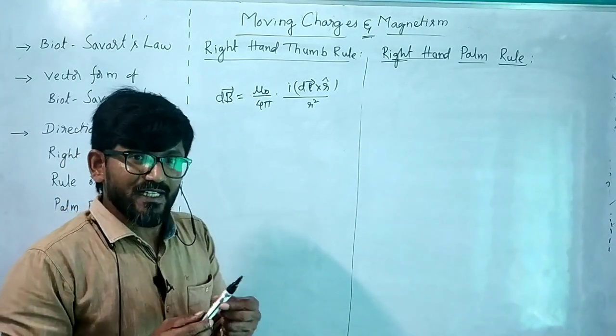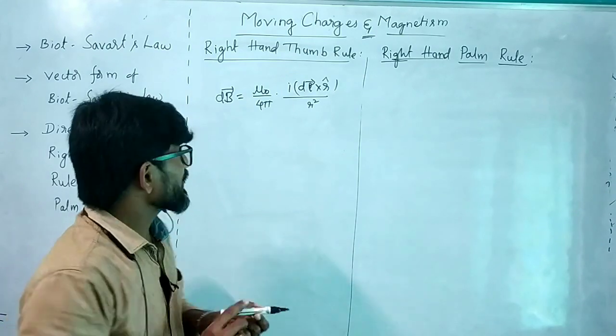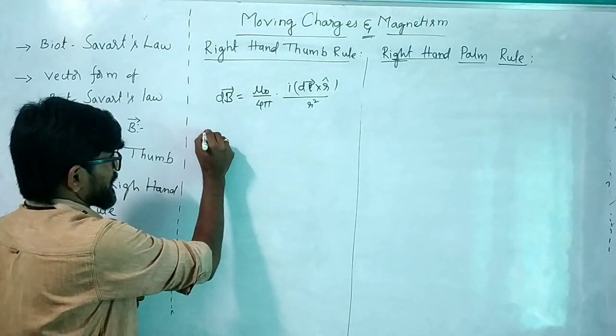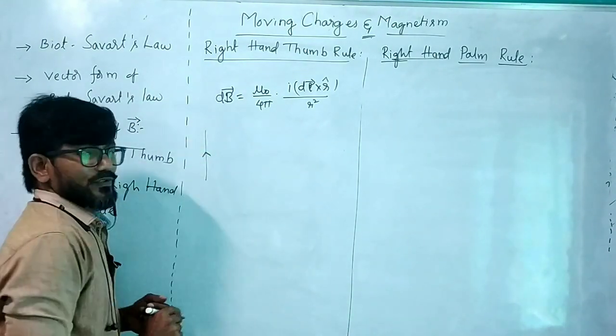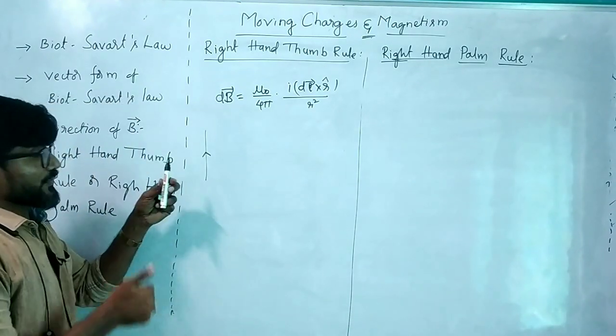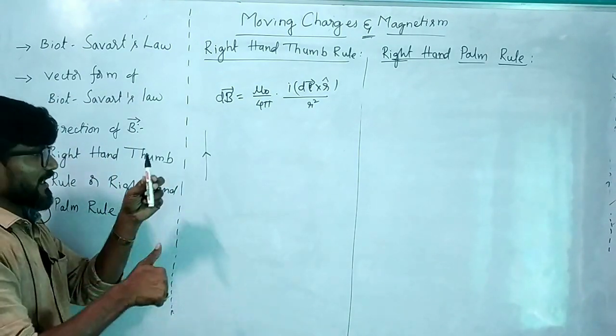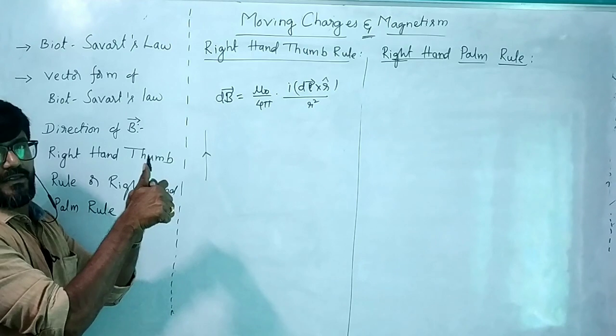If you have a current carrying conductor, something like this, by using the right hand thumb rule, stretch the thumb of your right hand in the direction of current.